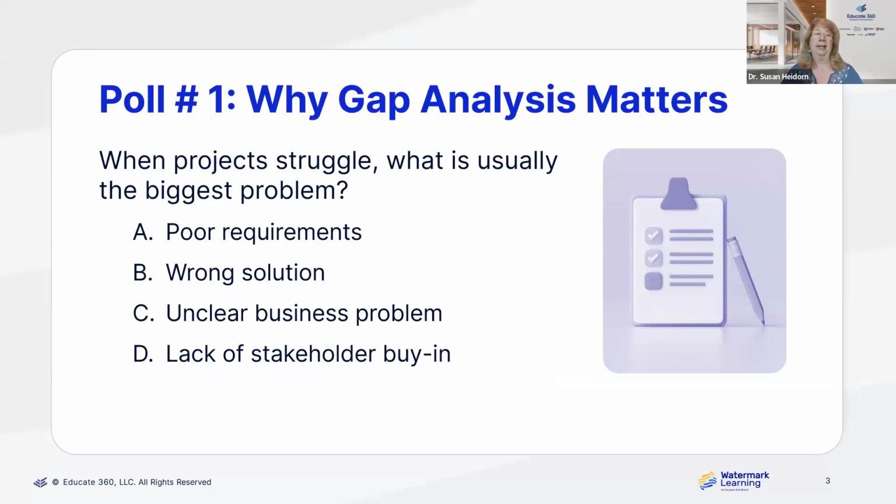I'm going to introduce it a second. I want you to think about, when projects struggle in your organization, what is usually the biggest problem that you're seeing? Just put in the chat: is it poor requirements? Is it the wrong solution, unclear business problems, lack of stakeholder buy-in?